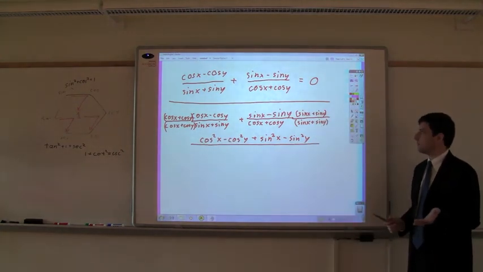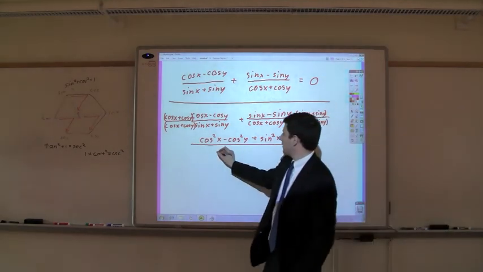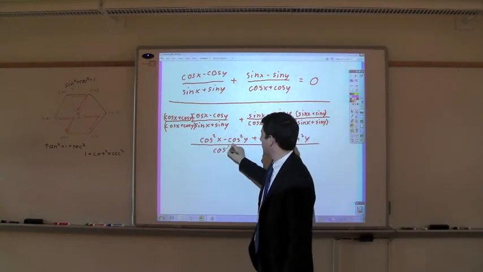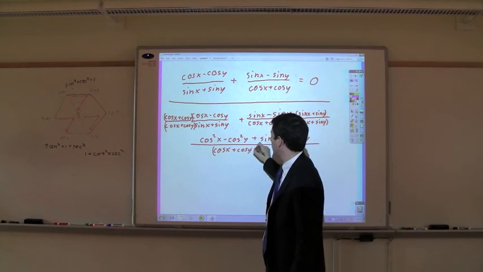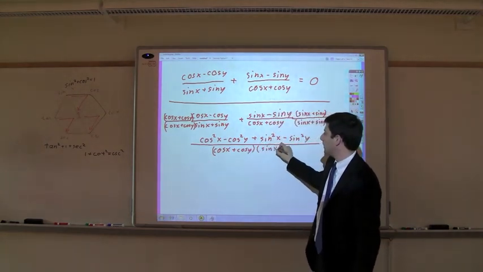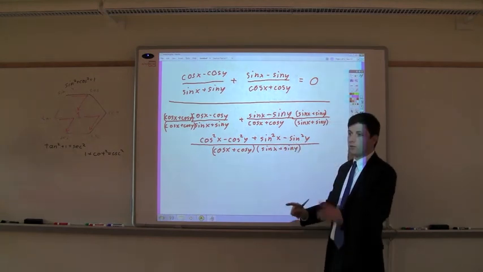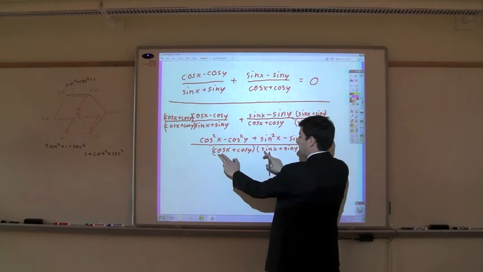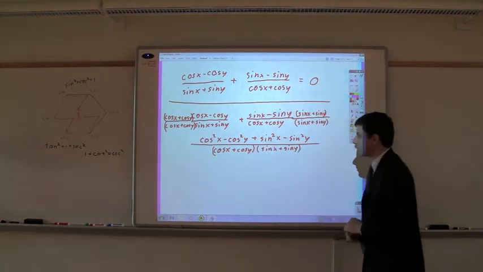Let's be smart here. We don't have to do any more work. As long as the top is 0, we don't even really care about the bottom being 0. I'll write it out for good measure then. Okay? But we absolutely do not have to multiply it out. So a lot of the times it's a good idea not to write it out. But if we did, Sasha, remember, you'd have to FOIL it out and get 4 pieces.